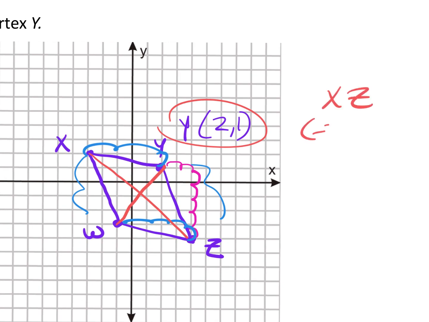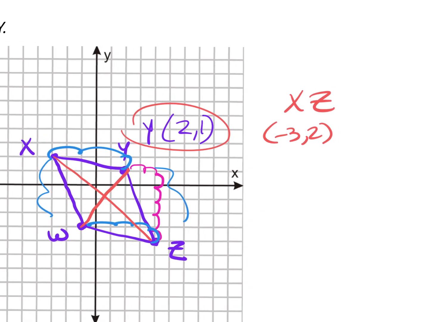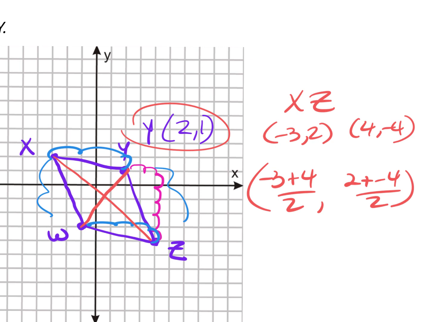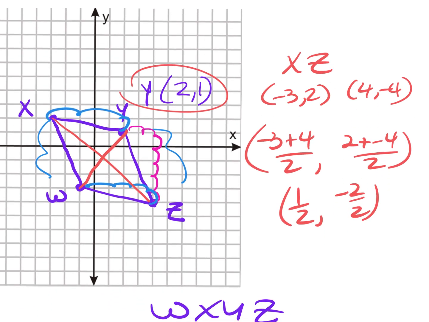X was negative 3, 2. Z was 4, negative 4. So negative 3 plus 4, divide by 2. 2 plus negative 4, divide by 2. 1/2. Negative 2 over 2. So 1/2, negative 1 is the point of intersection of the diagonals.